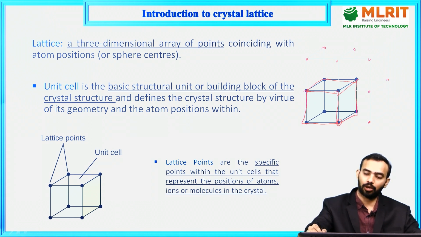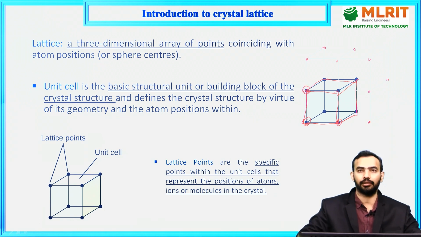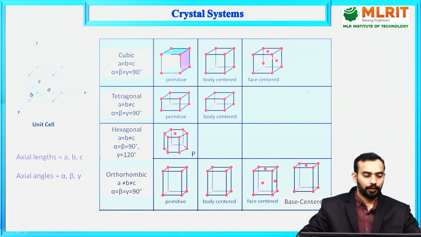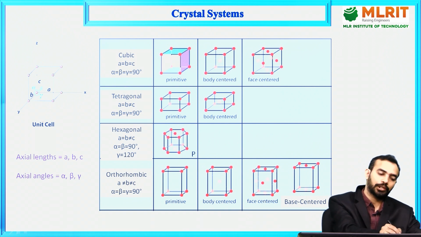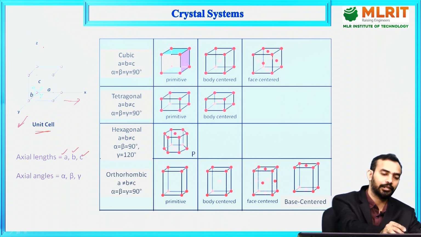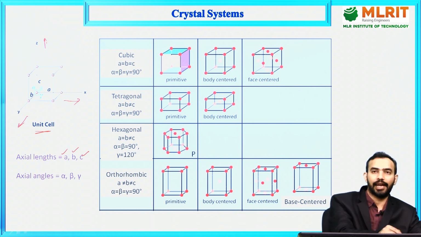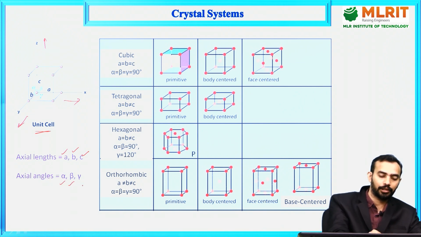right? And the atom positions are considered at the corners. So if you have chosen one particular unit cell, it is based on the axial lengths, that is a, b and c, in the x, y and z directions, and the axial angles, that is alpha, beta and gamma.